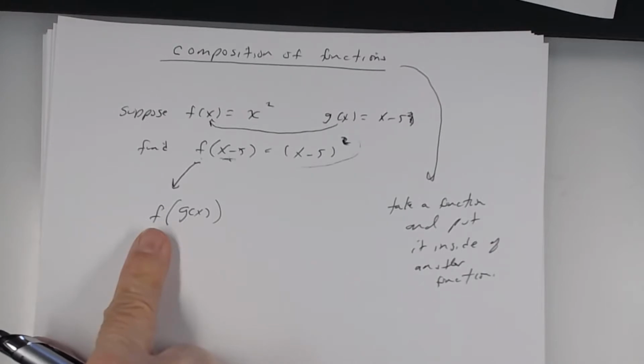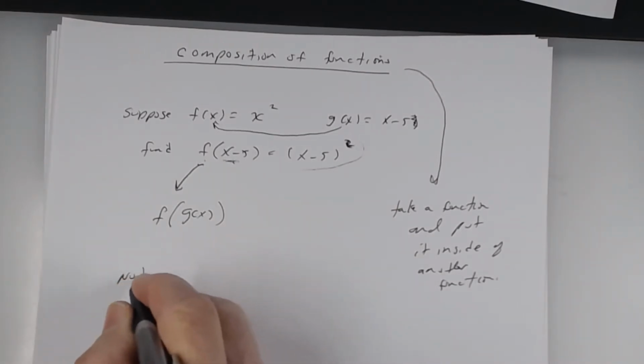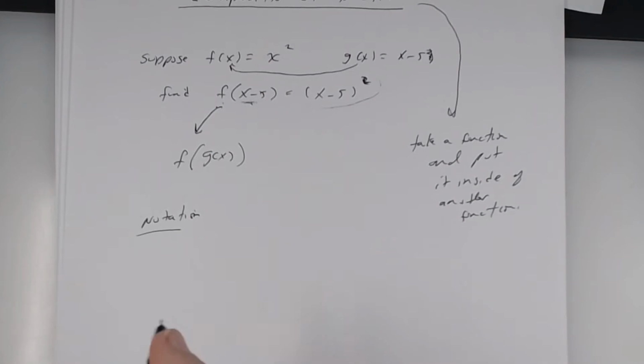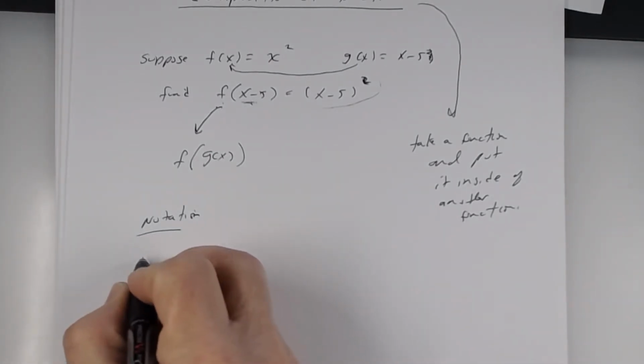Okay, now here's some other notation you have to be aware of with this. Okay, listen carefully. So notation. And we're going to work some problems with this. It's not difficult. Okay, so it's going to look like this.